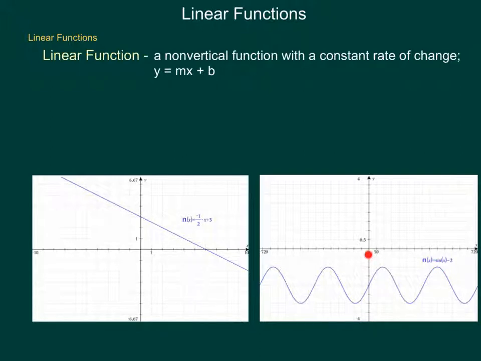So this is something that we will get to later in our study of mathematics, but it does not qualify as being linear. So we're not going to regard ones of that nature, but we do need to be able to identify them in terms of graphs, equations, and tables.